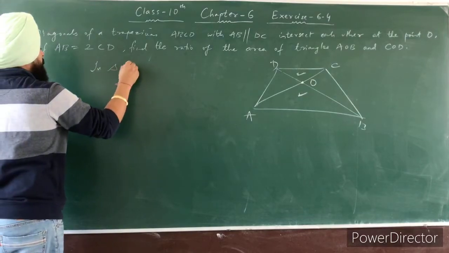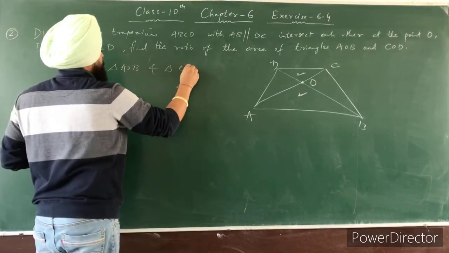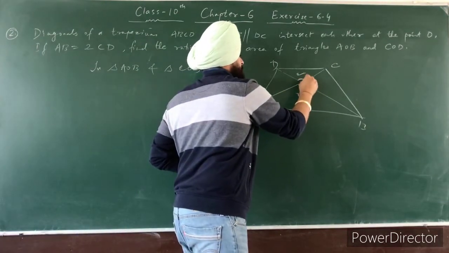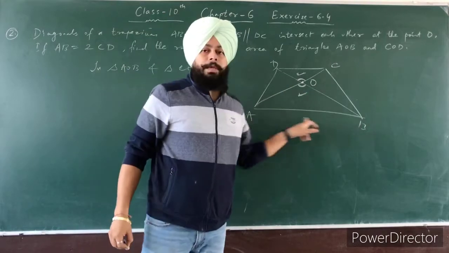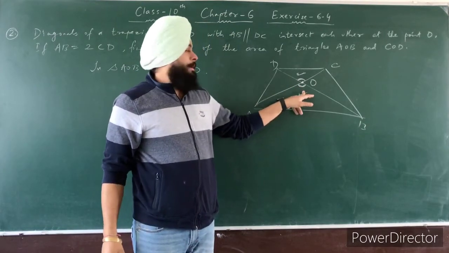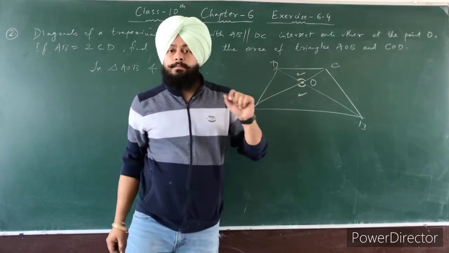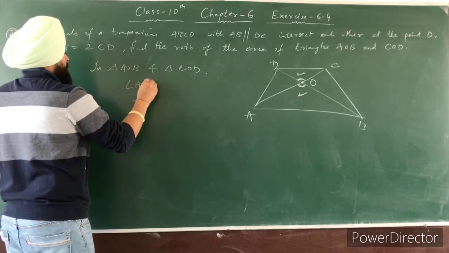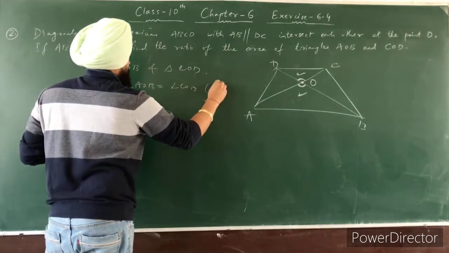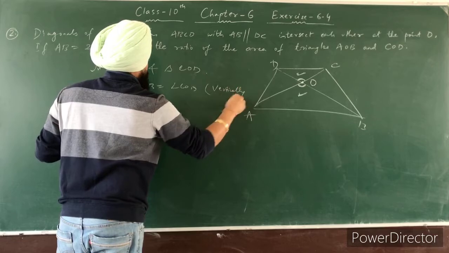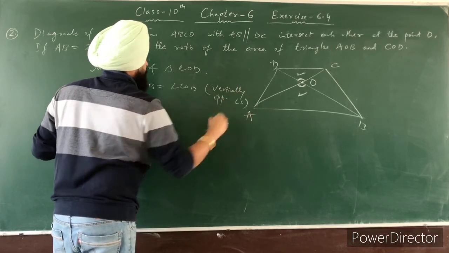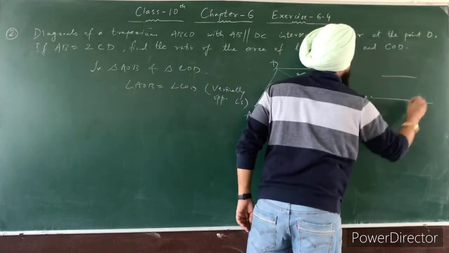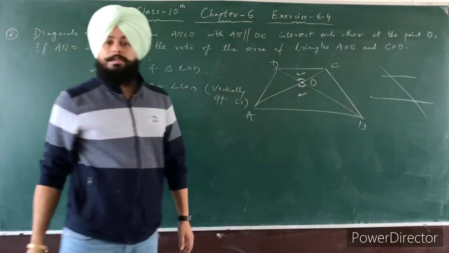In triangle AOB and triangle COD. Which is the first part? This one. In triangle AOB, angle AOB, and in this triangle, angle COD. Both are equal. Reason is vertically opposite angles. Second one is, you can see here, these are two parallel lines and this is our transversal.